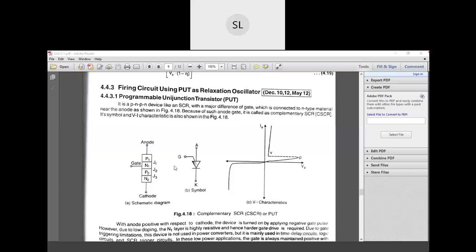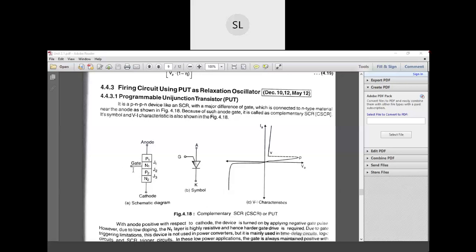But when we apply some negative gate voltage to the gate terminal, what happens? The N1 layer has higher resistivity, so a hard gate drive will be required. So the gate is always maintained positive with respect to the cathode. Now when we apply some positive gate voltage to the gate terminal, in order to turn on the device, we can increase the voltage across anode and cathode.